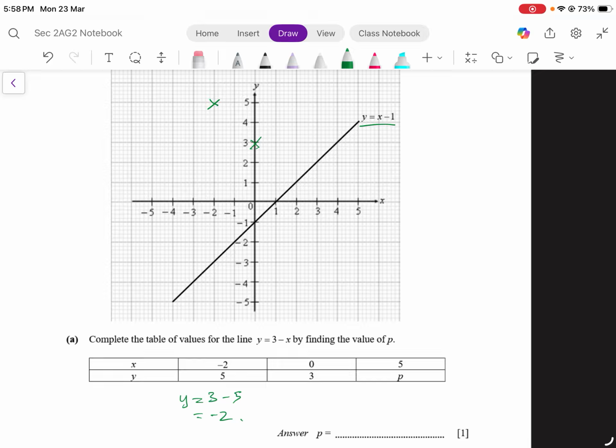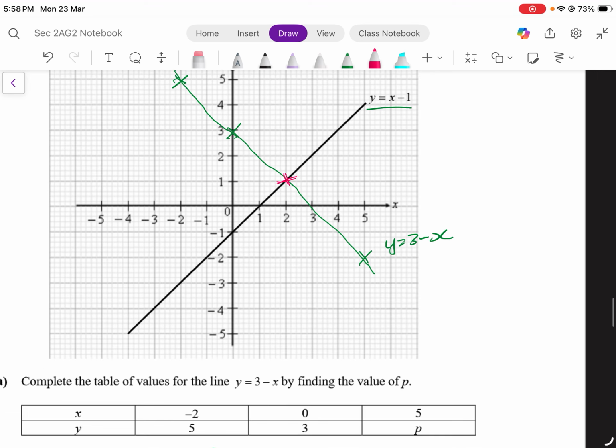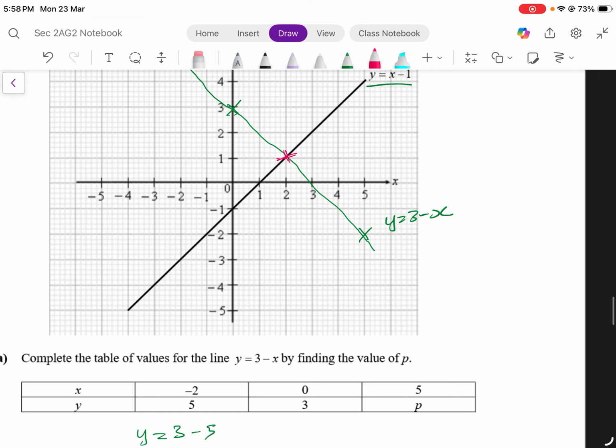From here, you draw one line that roughly passes through the points. Then label y equals 3 minus x. From here, you realize that the intersection point is your answer to the simultaneous equation by graph method. So your x will be 2, your y will be 1.